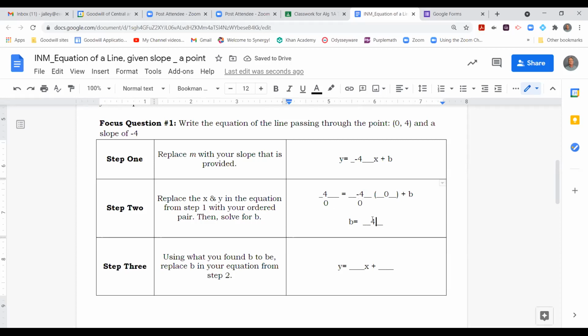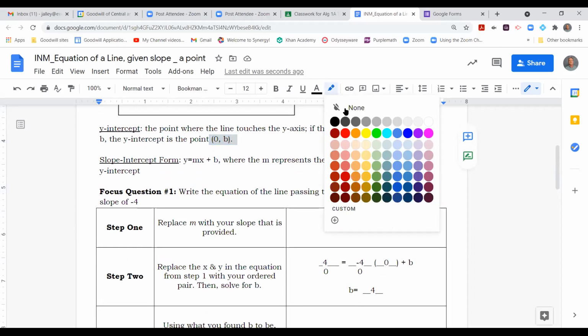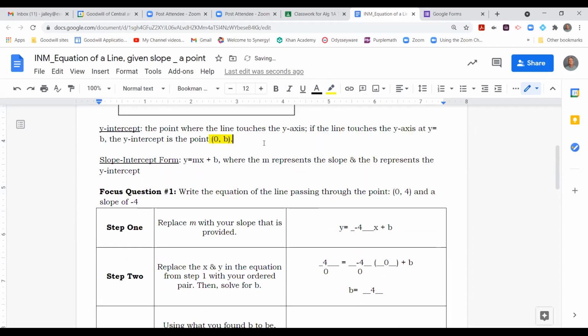How do I know that 8 cannot be the correct answer? Let's go back to this definition of the Y-intercept here. Look at the definition here. I'm highlighting it in yellow.